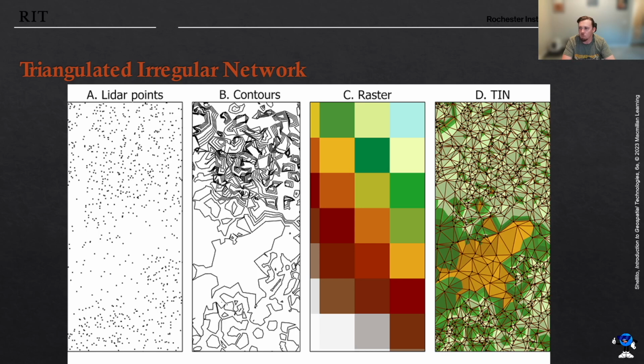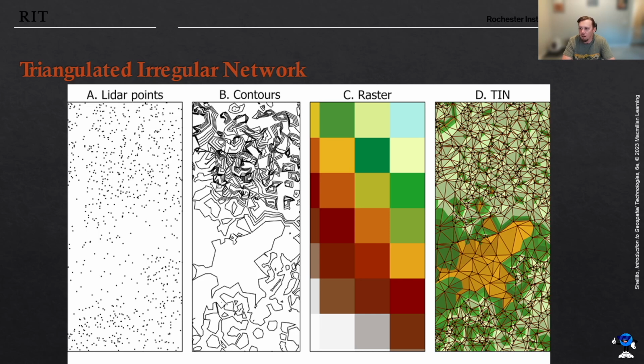TINs are efficient when storing heterogeneous surfaces, since homogeneous areas are stored using few data points, while areas with more variability are stored in detail using a larger number of data points. In other words, a TIN can be more detailed where the surface is complex by using smaller facets, and less detailed where the surface is more homogeneous using larger facets.